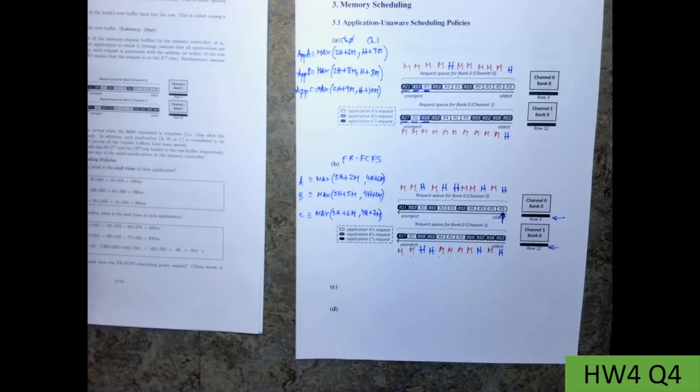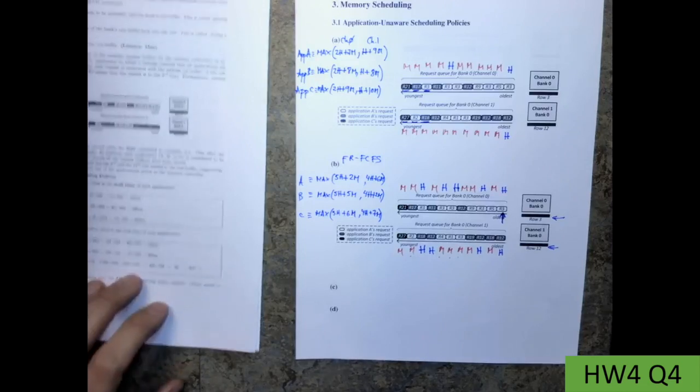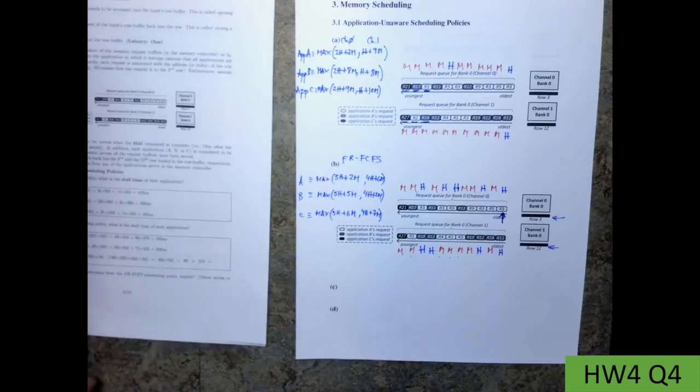You see that the problem with this policy is that it doesn't take into account the individual characteristics of the applications. So for example, even though it's efficient from the point of view of row buffer locality, actually that's related to the answer to question C, that it's efficient from that point of view, it might unfairly delay some of the applications.